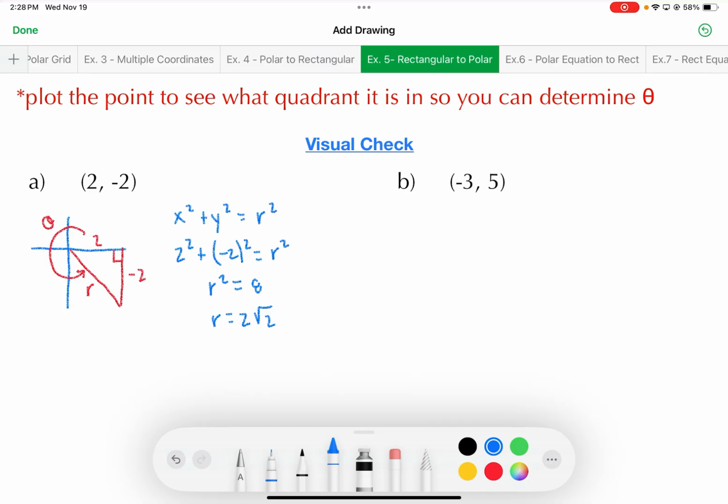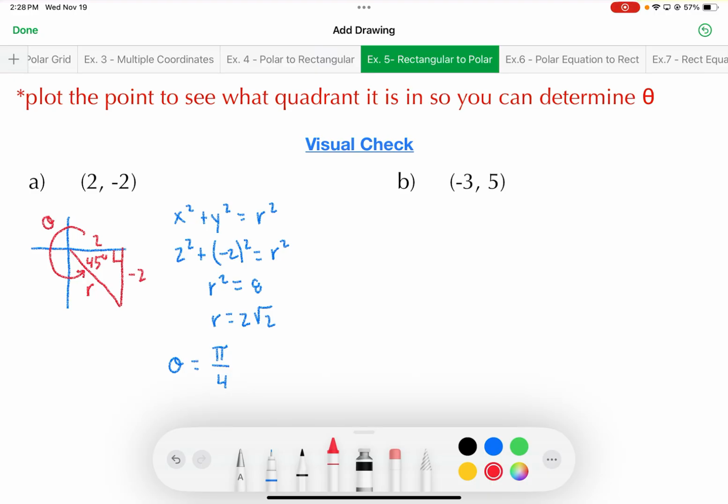Okay, now, I think it's easy on this triangle to reason out the reference angle. The legs of the triangle are the same, right? So what's that mean the reference angle is? 45 degrees. Okay, so I'm going to give the radian version of that, pi over 4. Now is pi over 4 in the fourth quadrant though, like this point is? No, it's not. So what do I need to do with this pi over 4 to bring it into the fourth quadrant?